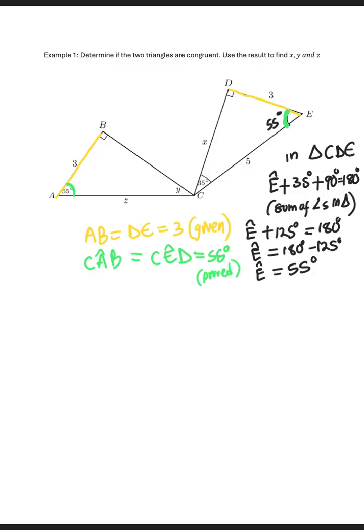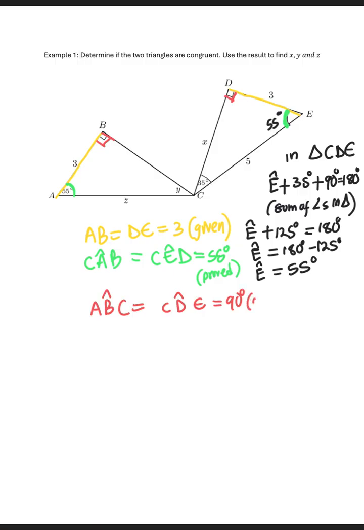And then the next one is the 90-degree angle. So if I check here, we have this angle that is 90 degrees. So then we're gonna say angle ABC is equal to angle CDE. So both of them are 90.